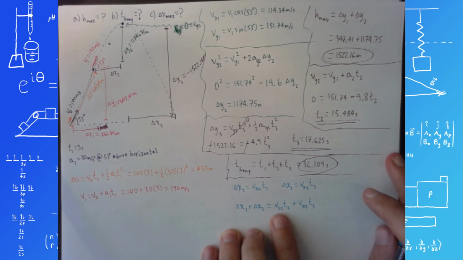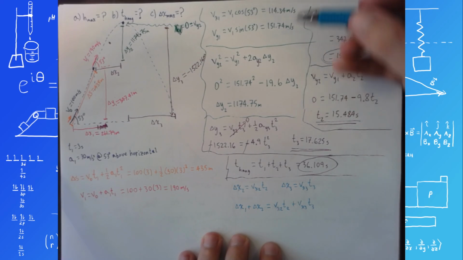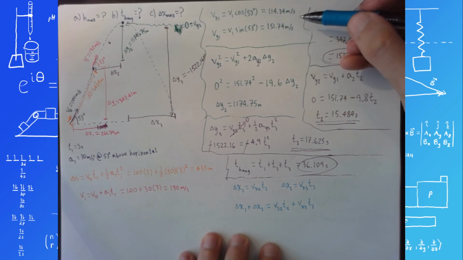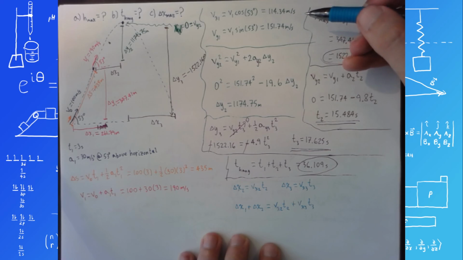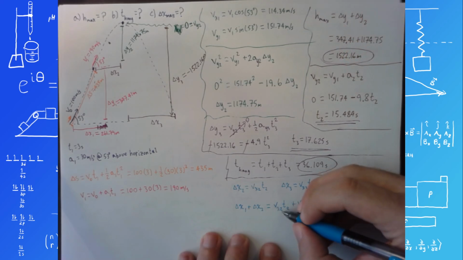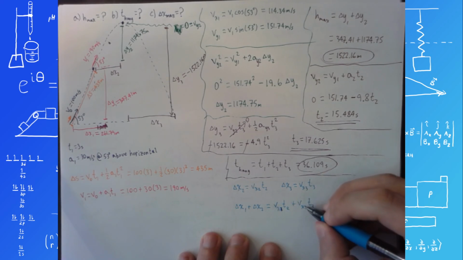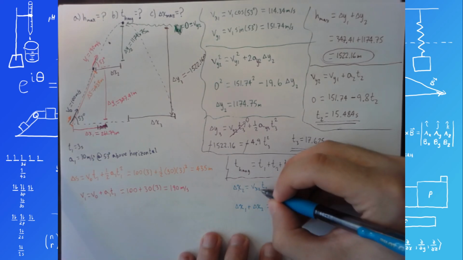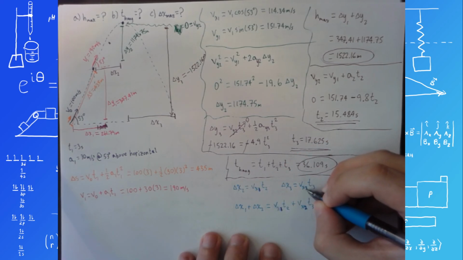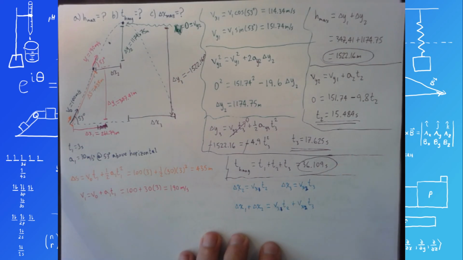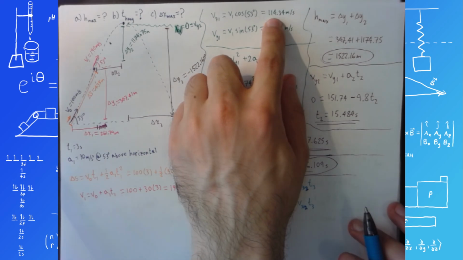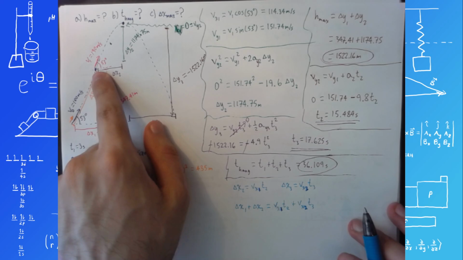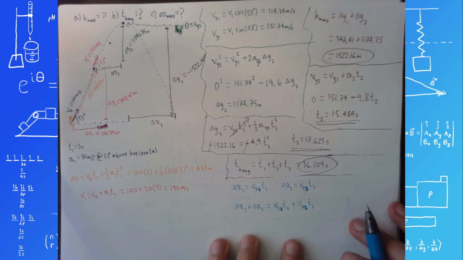So I can just factor out my Vx, which was... wait, did I call them Vx1 and Vx2? Okay. Anyway, that little notational hiccup aside, Vx1 and Vx2 should be the same. They should be 114.34 for the entire time from the point the rocket engine cuts off until the rocket lands on the ground again.